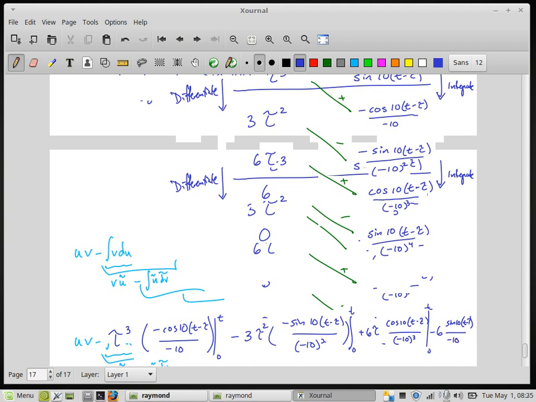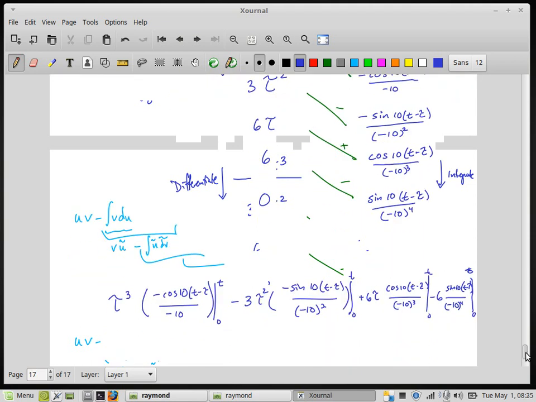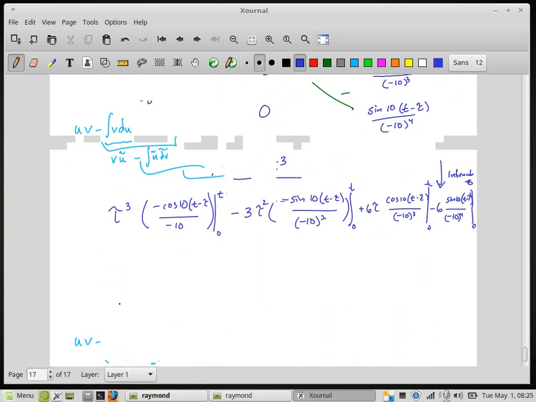Looks like we've got 8 terms here. However, the second term here is 0. Second term here is 0. Second term here is 0.